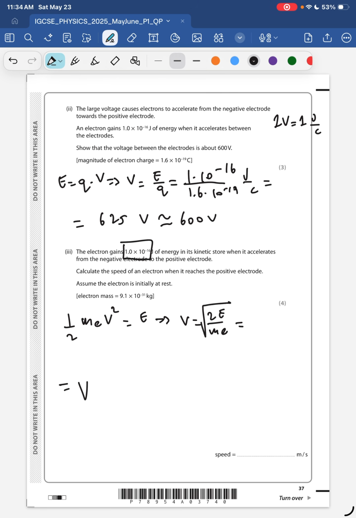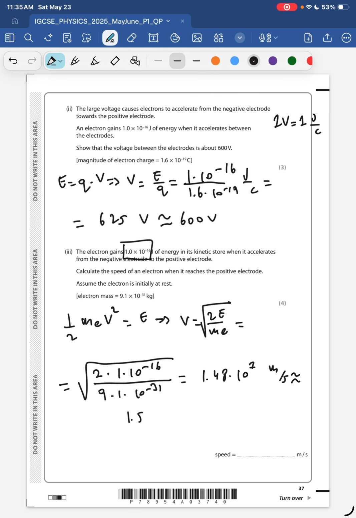So we have the square root of 2 times 1 times 10 to the negative 16 over 9.1 times 10 to the negative 31 kilograms, which yields 1.48 times 10 to the 7 meters per second, which is about 1.5 times 10 to the 7 meters per second.